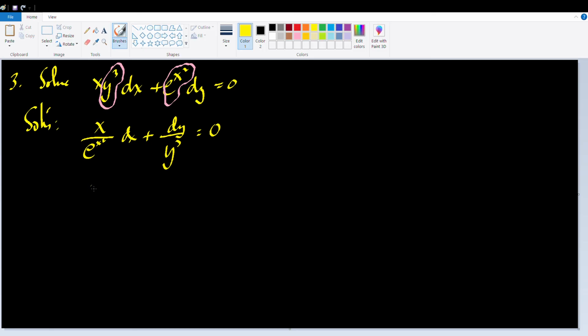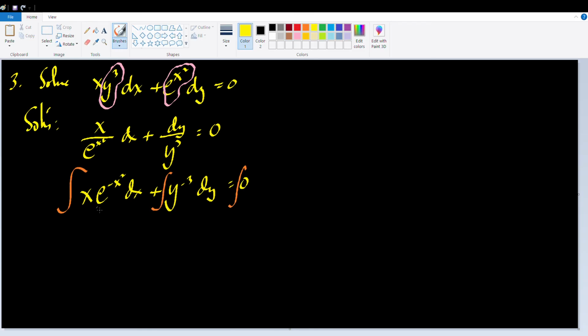And so we get x e raised to negative x squared dx plus y to the negative 3 dy equal to 0. So our equation is perfect now, no? The coefficient of dx is a function of x, and the coefficient of dy is a function of y. We proceed.